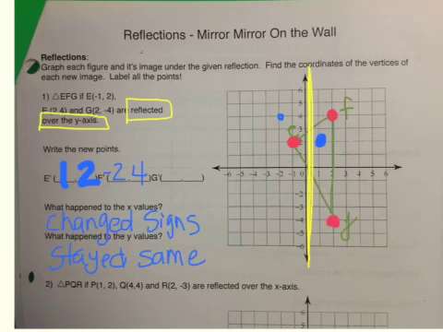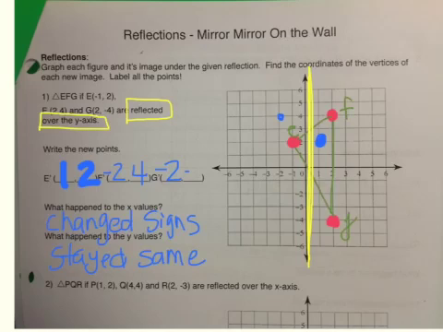Now I'm going to write the coordinates for letter G. Letter G used to be +2, -4. So the first number, +2, is going to be changed to have the opposite sign. So it is going to be -2. Then the second part, -4, we said the y values are going to stay the same.